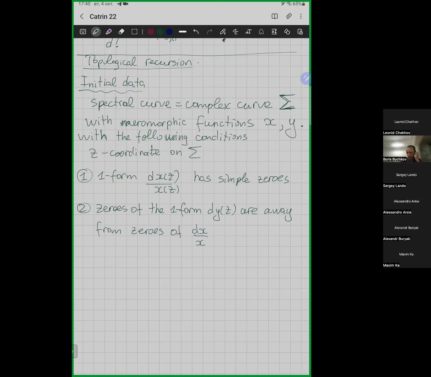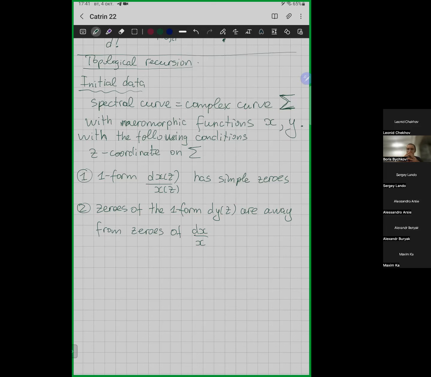Today I'm speaking about the so-called global topological recursion, and this means that z is a global coordinate on sigma, and x and y are global meromorphic functions. There is also a local version of topological recursion where these x and y functions, as I said, could be germs defined in some neighborhoods.